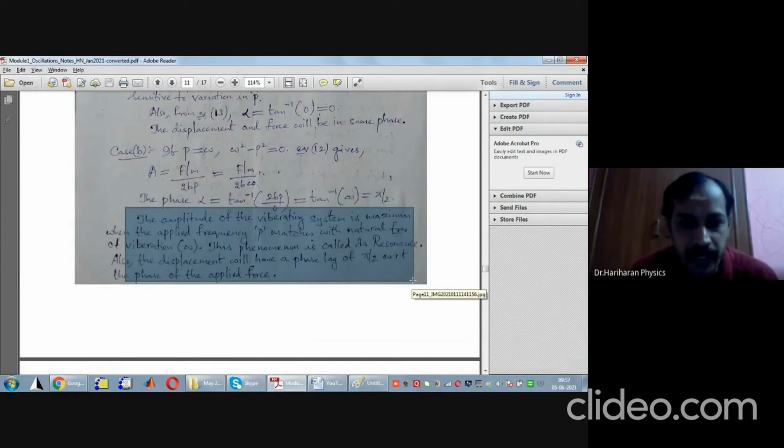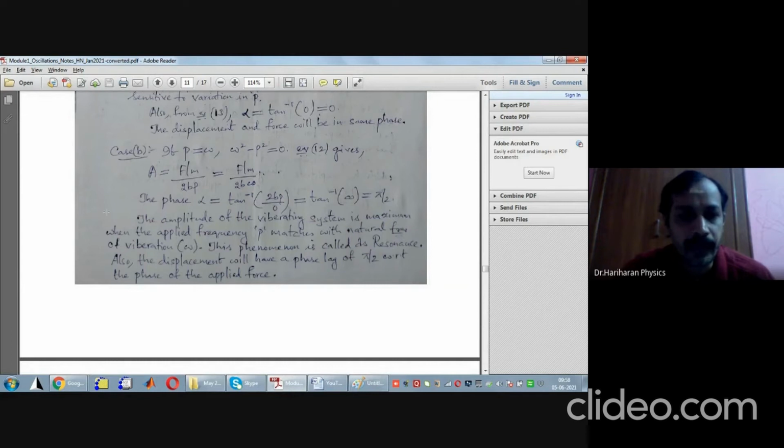If a child is swinging in a park, and the father pushes in such a way that his frequency matches the natural frequency of vibration of the swing, then there will be a maximum transfer of energy from the external force to the vibrating system, and hence the amplitude of the system is going to be high. This phenomenon we call resonance.